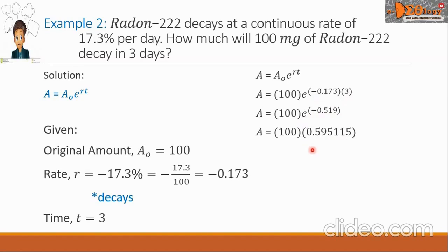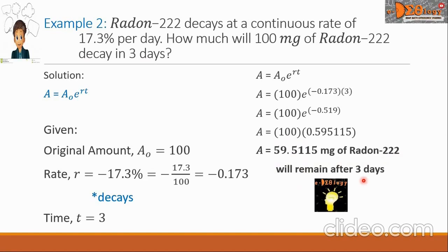Getting the product of this decimal and 100, we will get this 59.5115. And this is the final amount in milligram of radon-222 that will remain after 3 days. This is our final answer.